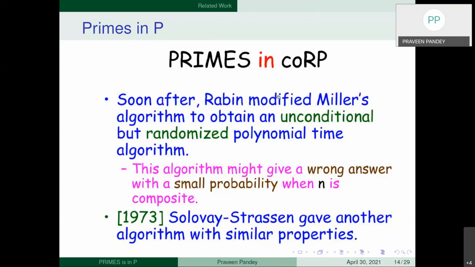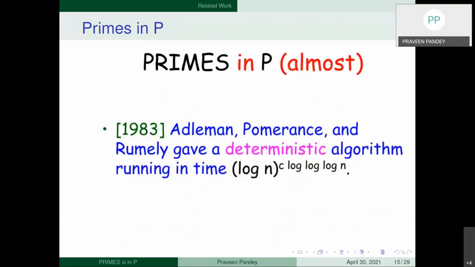In 1983, Adleman, Pomerance and Rumely gave a deterministic algorithm running in log n raised to the power of c log log n. Somebody remarked that log log n goes up to infinity, but it is empirically found to be less than or equal to 4.